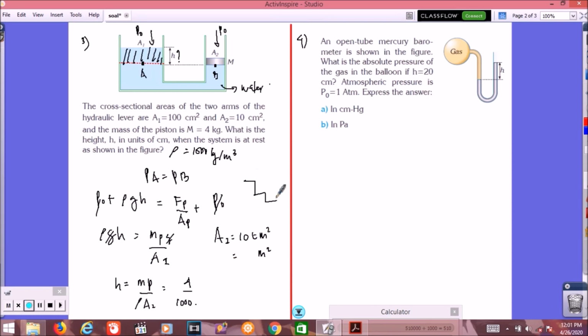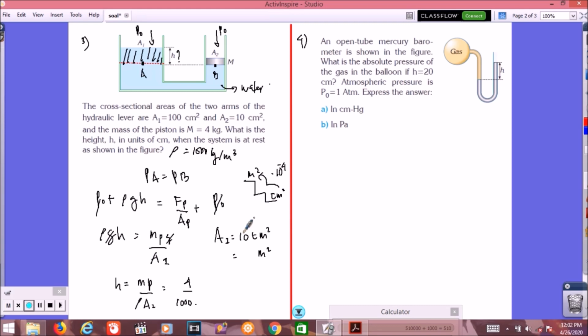Centimeter to meter, move up 2 steps. But this one is squared, so divided by 10,000 or times 10 power minus 4.